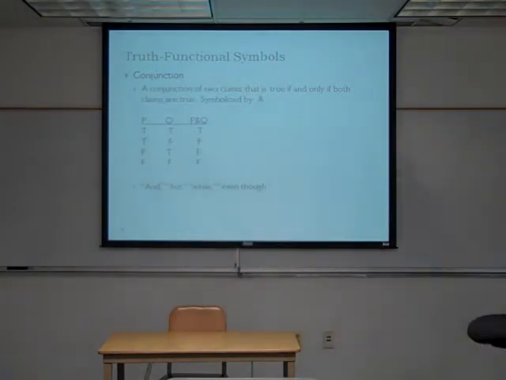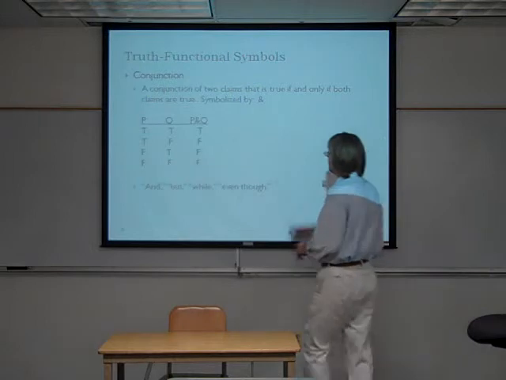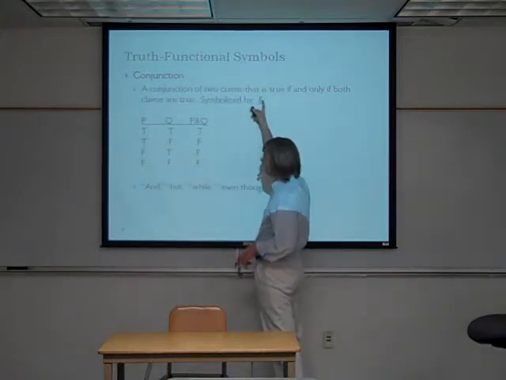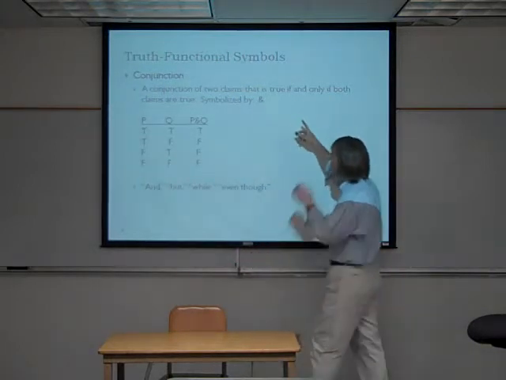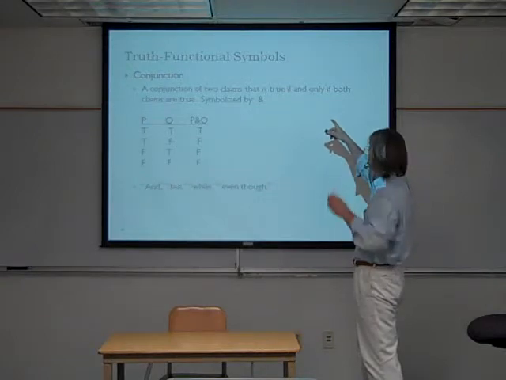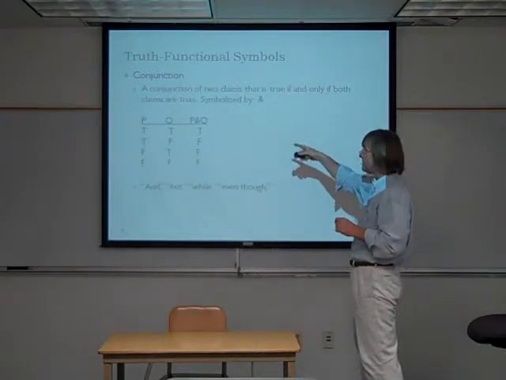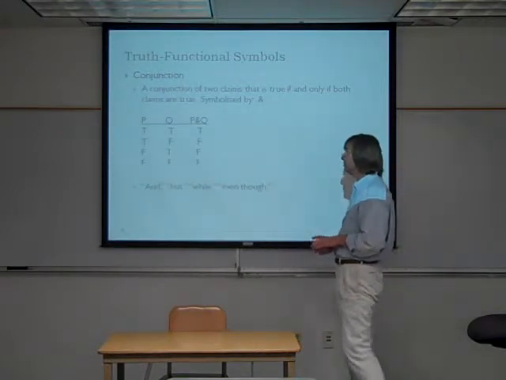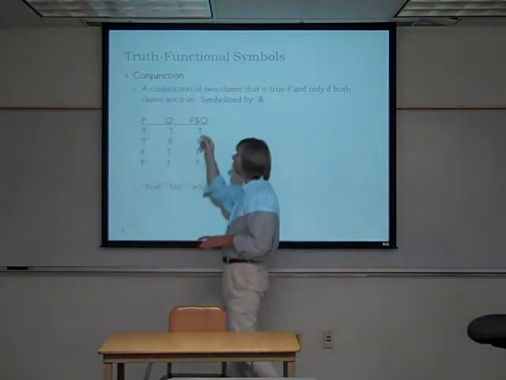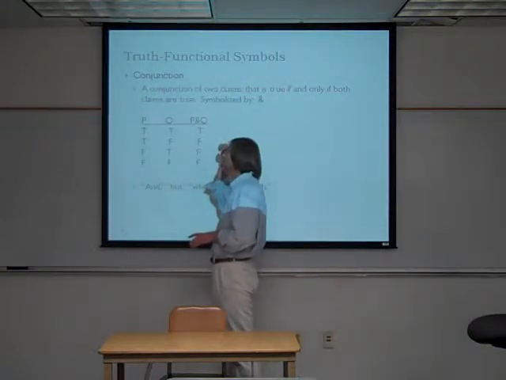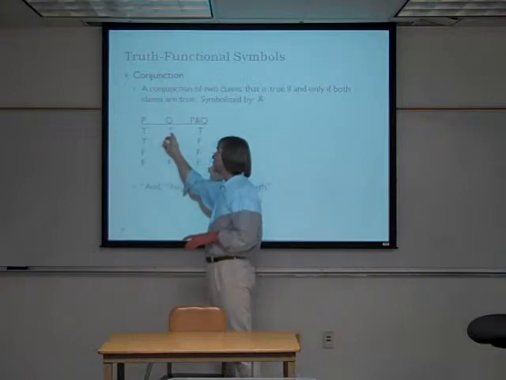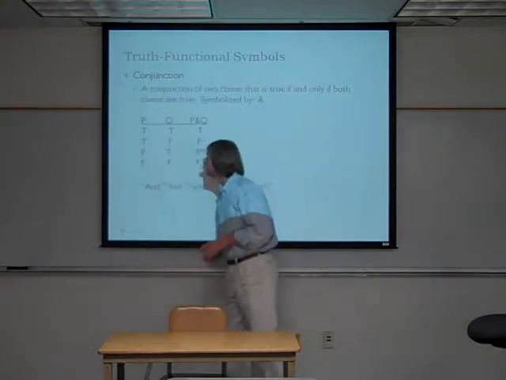For example, one of them is conjunction, and we use the ampersand to represent a conjunction. A conjunction is going to be true if and only if both the claims in the conjunction are true. So P and Q is going to be true if and only if P and Q are true.